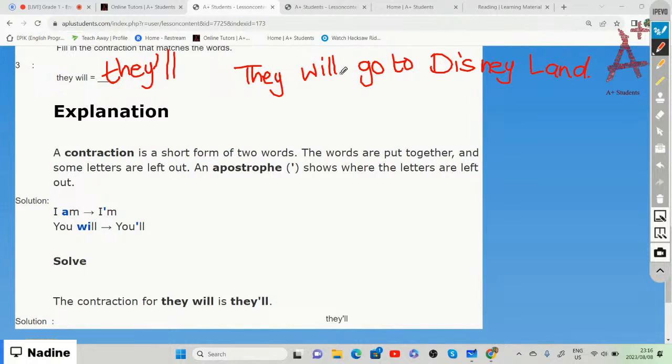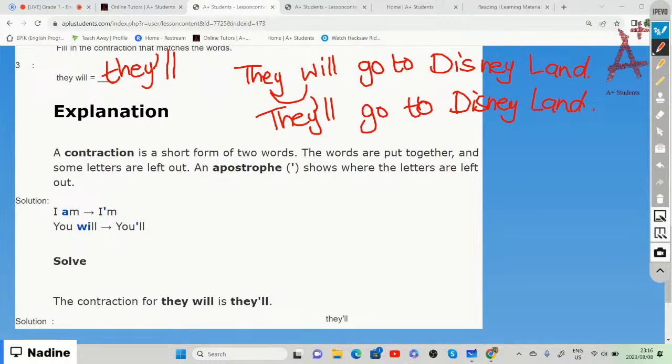So instead of saying they will, we can say they'll, apostrophe, because now we left out the two letters, W and I. So they'll go to Disneyland. The contraction there is they'll, and they'll is the short form of the two words they will.